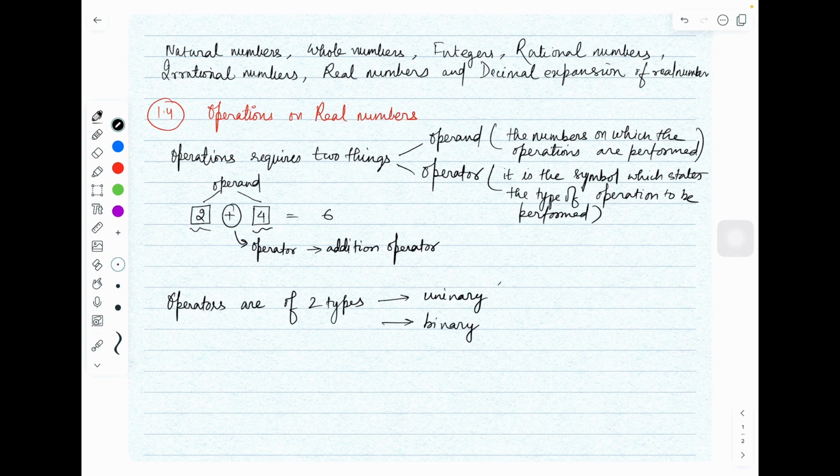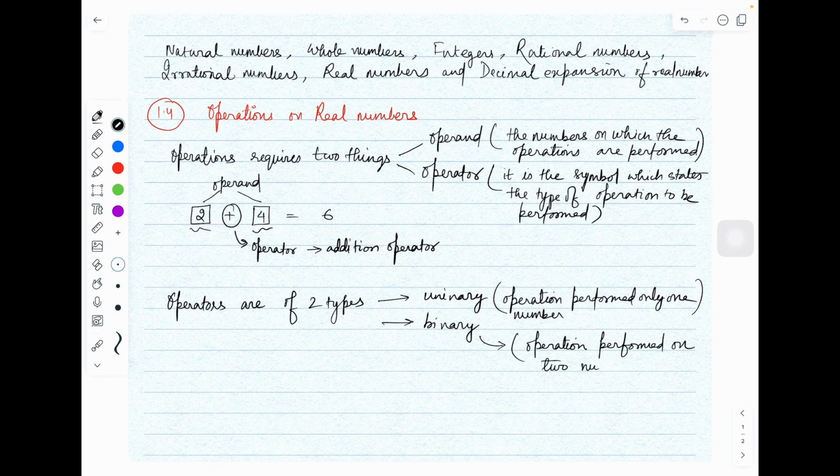Unary is operation performed on only one number. Binary is operation performed on two numbers. Operators are of two types: one is unary and one is binary.